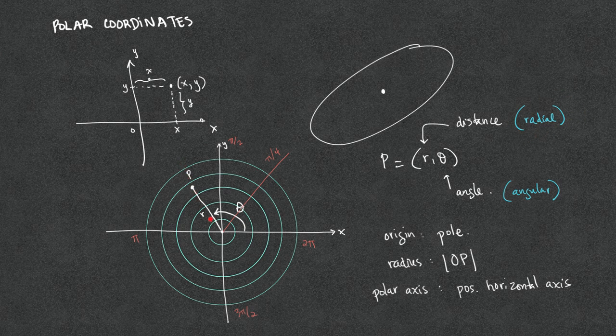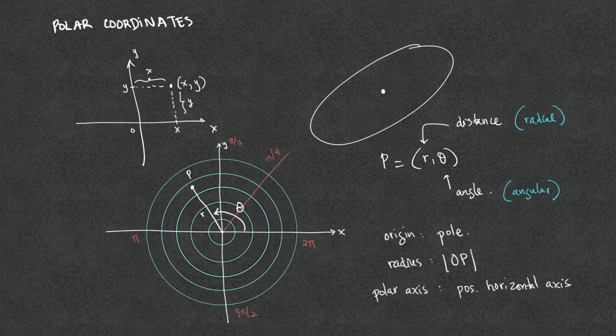Negative r is defined to be the same distance from the origin to the point, but in the opposite direction. For example, any point in the first quadrant has a negative r in the third quadrant. Any point in the fourth quadrant has a negative r in the second quadrant, and so on.